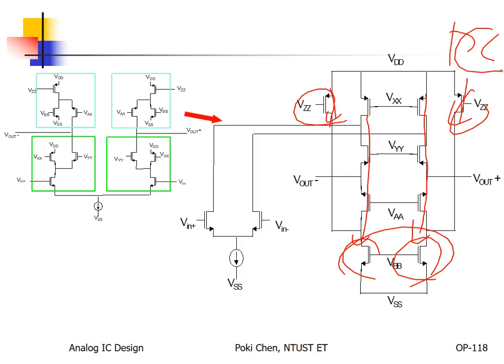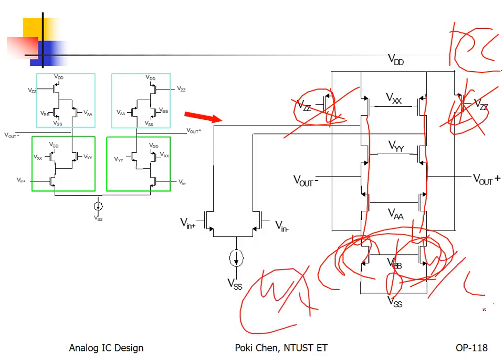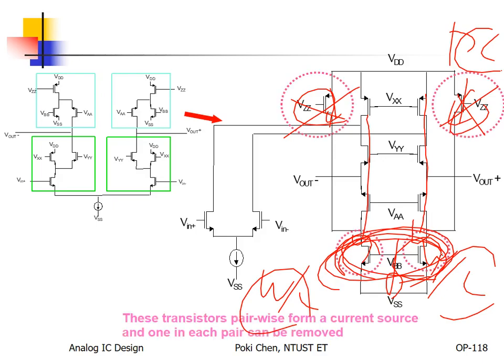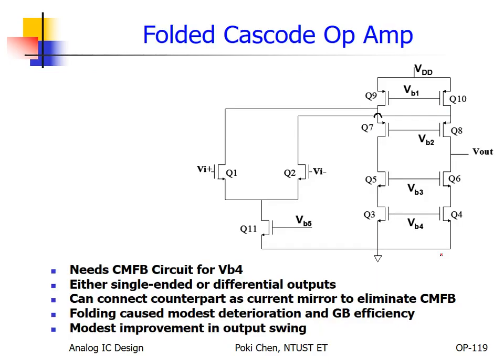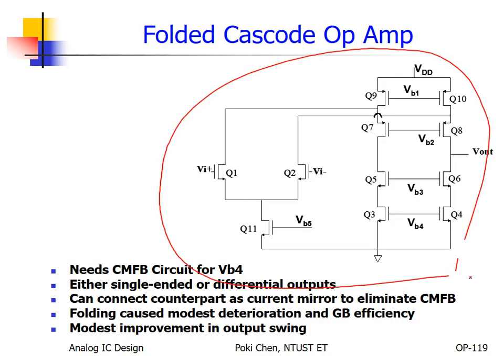They are redundant, so we can remove them. But after removing that, it means less current flows through here, right? So you can reduce the W over L of the bottom. That's it. You can save power and area, why not? After such simplification, we finally get this. And what is this?